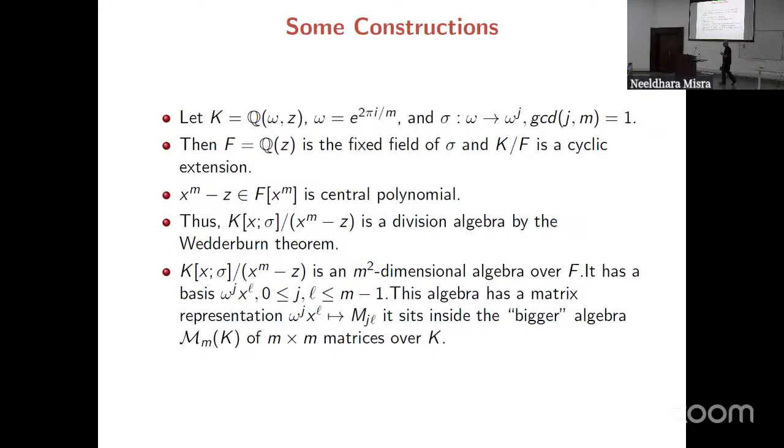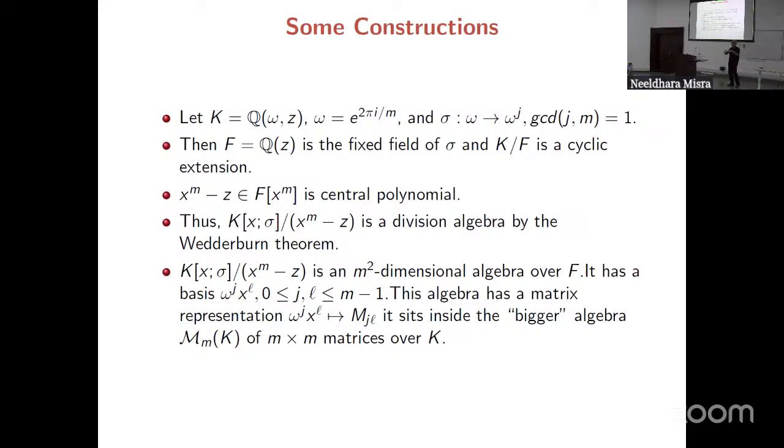Okay. And one more nice thing about this is that if you take this as your basis, so let me call this map M. So let's say M of omega to the J times M of x to the L. This is the basis, J and L varying from 0 to M. If I take the F linear combinations, that gives me a division algebra sitting inside M by M matrices.